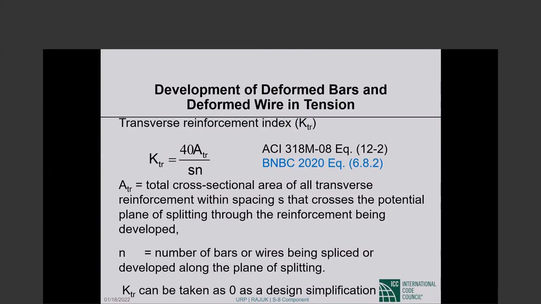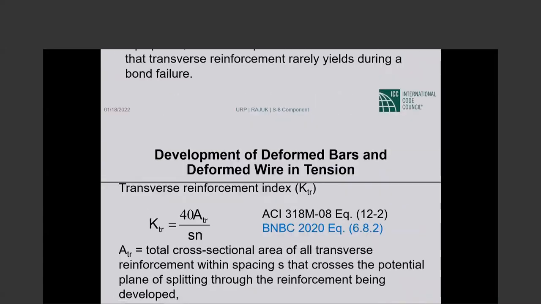A sub TR is the total cross-sectional area of all transverse reinforcement within spacing S that crosses the potential plane of splitting through the reinforcement being developed.